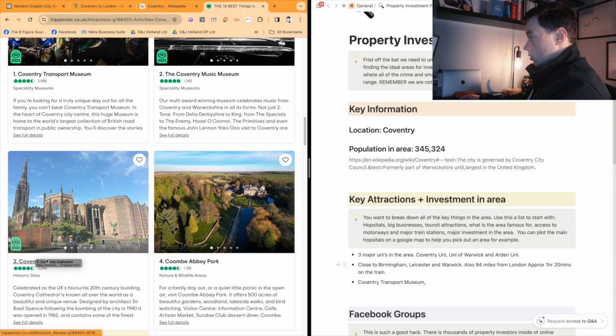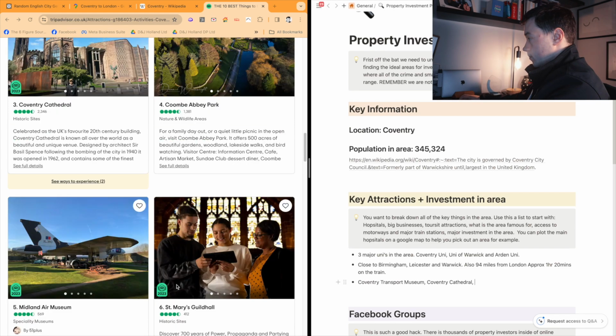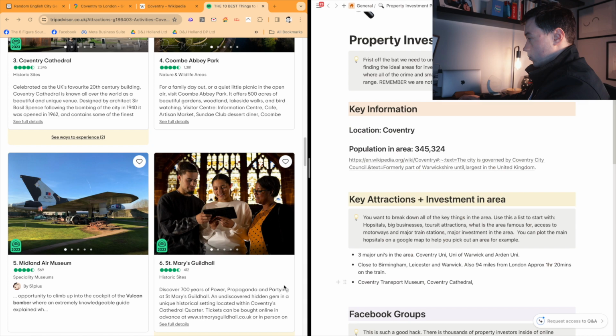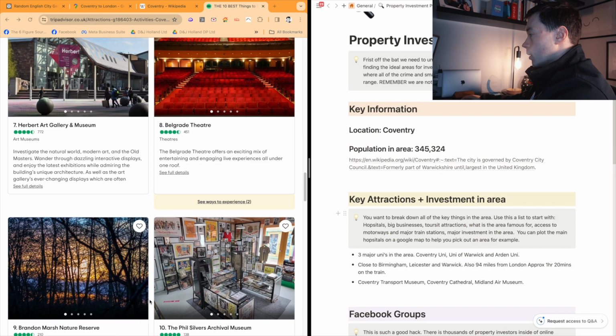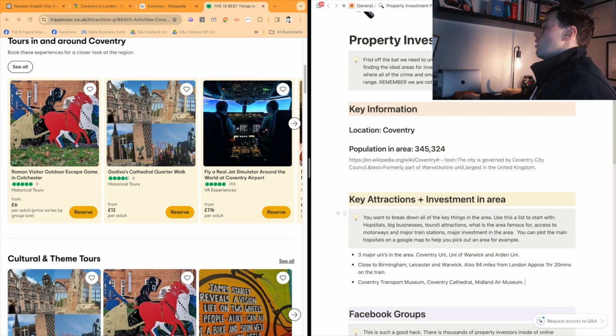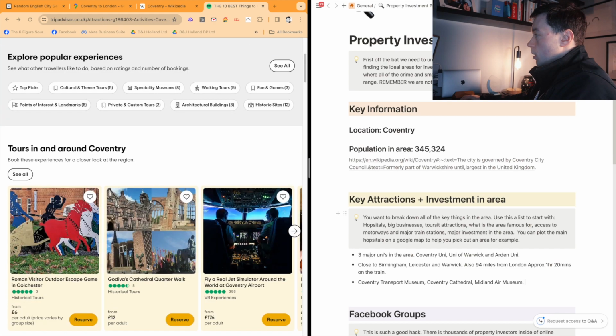Coventry Cathedral. Now stuff like, I'm thinking concerts and stuff, probably not going to be a thing in Coventry, because I imagine with its proximity to Birmingham, a lot of the big musical stuff would go there, because I'm thinking of service accommodation from that point of view.